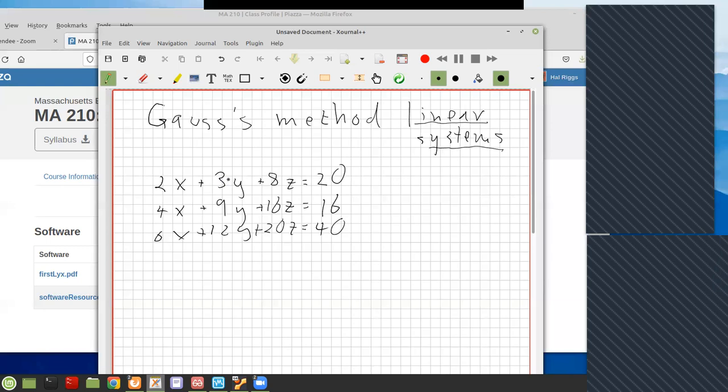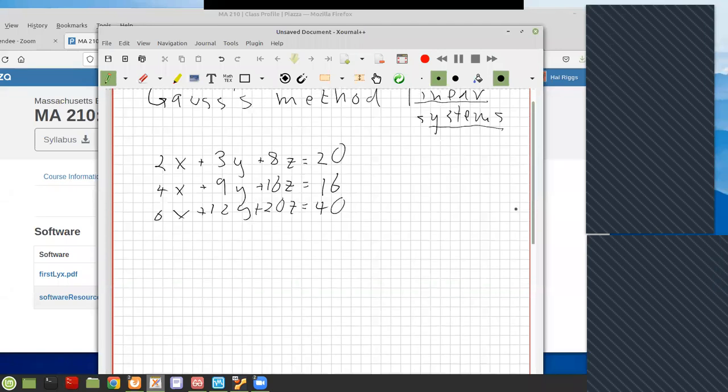Because if all 3 equations are true, geometrically, that would correspond to all 3 planes intersecting in the same thing. They might not intersect at all. They might intersect in a line, or they might intersect in a plane. And they might intersect in one point. And it's going to turn out that those are the only possibilities.